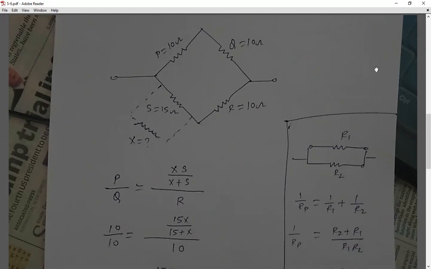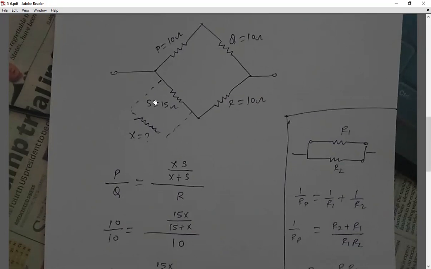Let us assume you have kept a resistance X as a shunt resistance across the 15 ohm resistance. After applying this parallel resistance the bridge will be balanced.